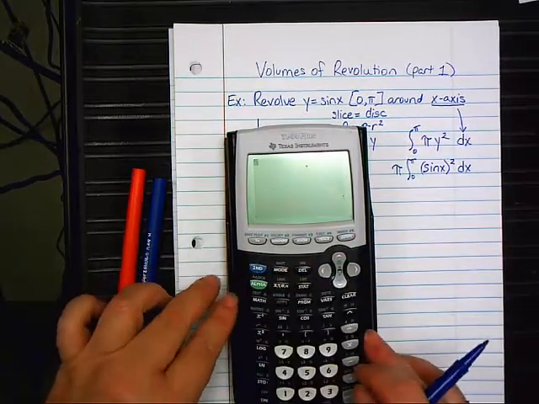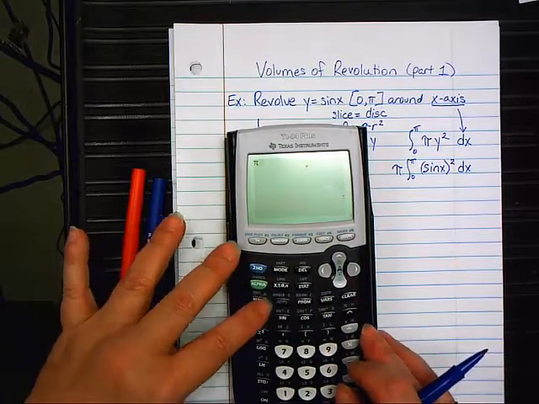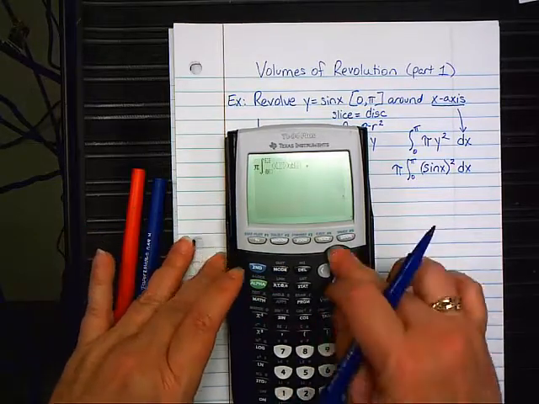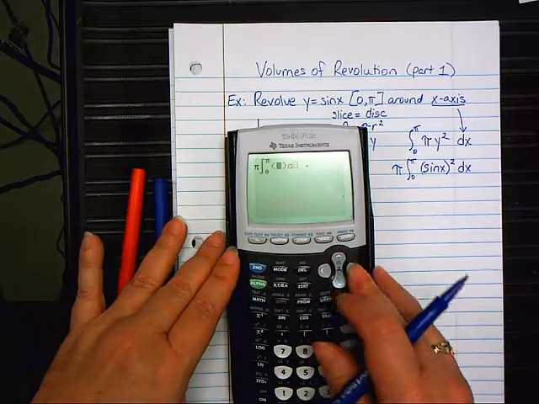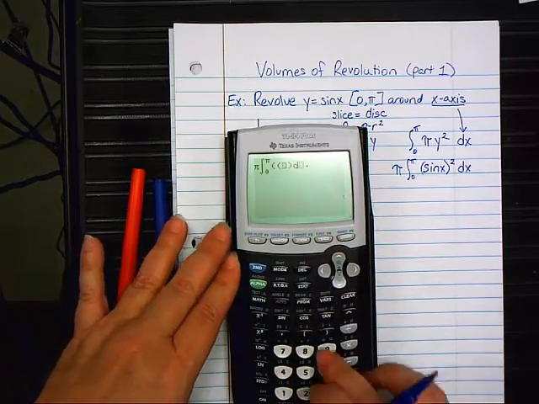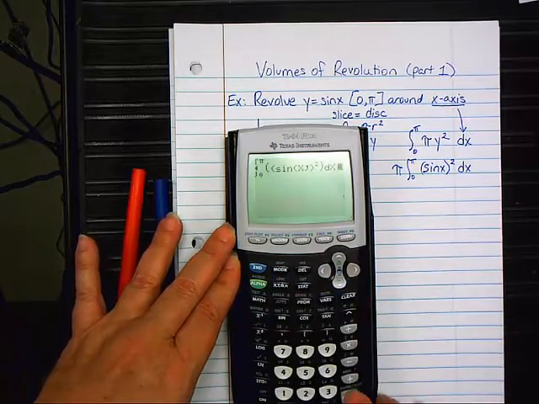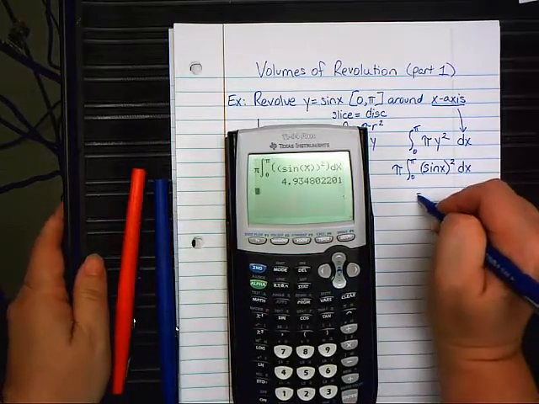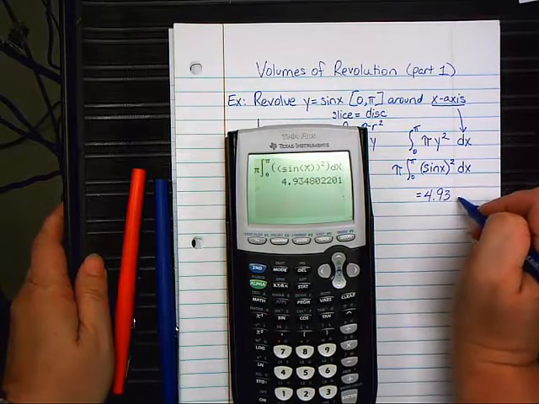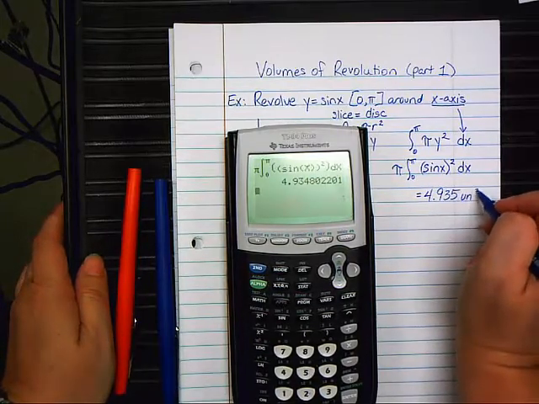So, pi first, and math 9, 0 to pi. Got to put another parentheses in there. Sine x, close twice squared, dx. And you get 4.935 units cubed.